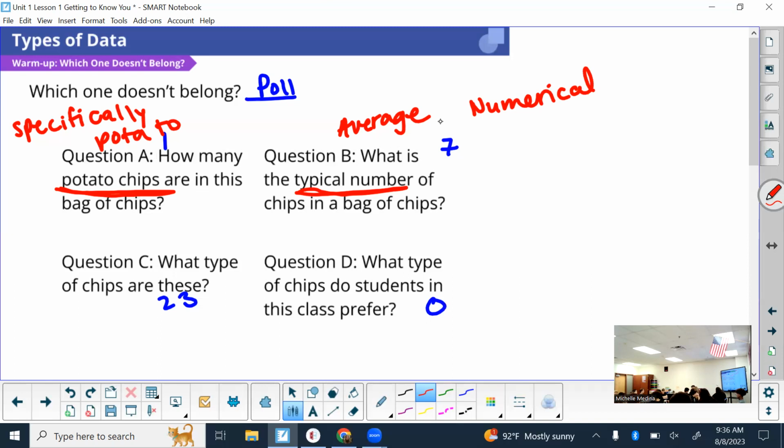Yes. So it's the only one with no numbers. Is it the only one with no numbers? Could the answer to D also be numbers? Okay, what type of chips do students in this class prefer? Can you tell me a number for that?